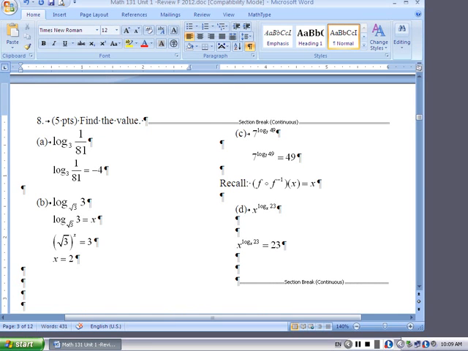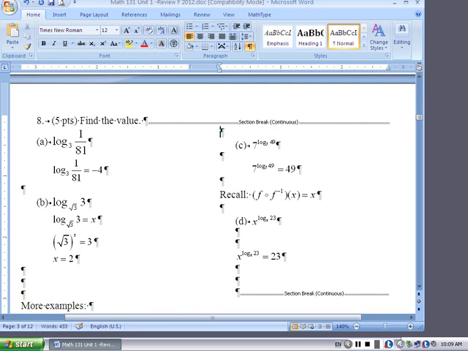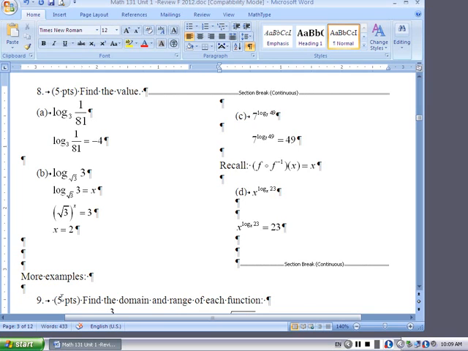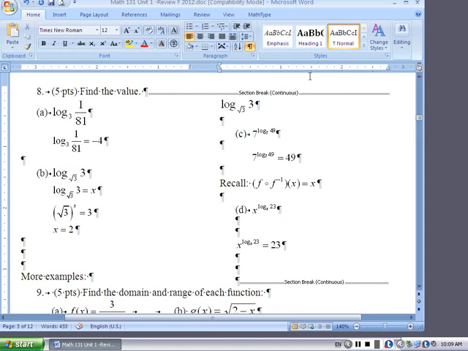Let me give you more examples, okay? I think that it's because most of you are not familiar with the logarithmic function, so you feel a little bit scared.